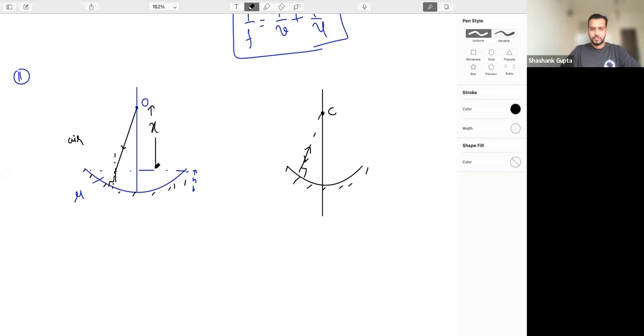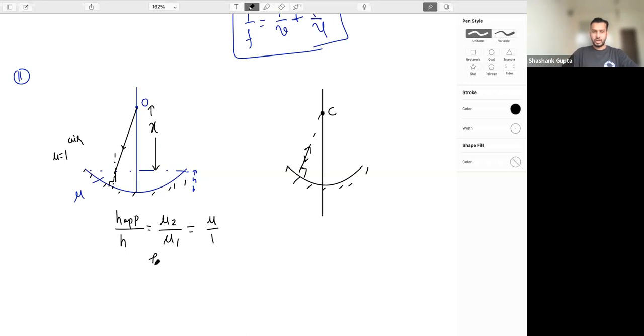This is X. So the first formula that you must have studied by now is H apparent upon H is equal to mu2 upon mu1. What is mu2? The refractive index of the medium in which the ray is going. So for us, mu2 is mu and mu1 is air, which is 1.